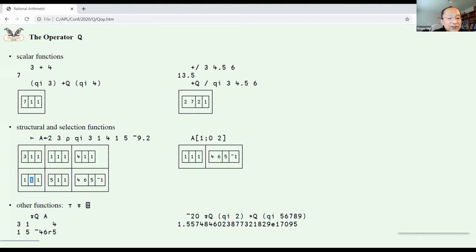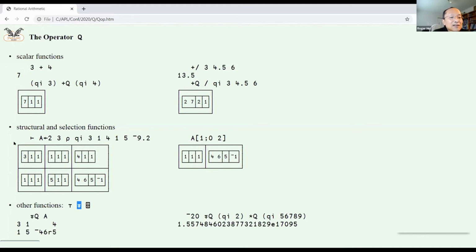And for other functions, you do have to apply Q to the function operand to get it to work on rational numbers. And a little bit surprisingly, the most important of these other functions is the format function, the thorn.